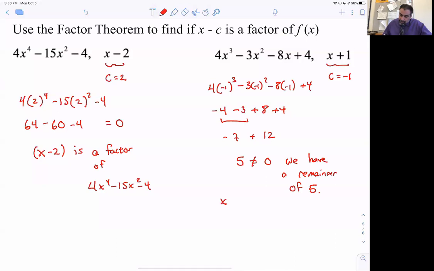So x plus 1 is not a factor of our original function, 4x cubed minus 3x squared minus 8x plus 4.